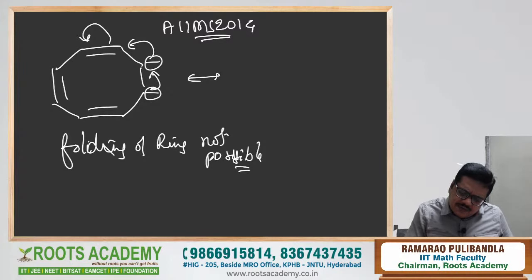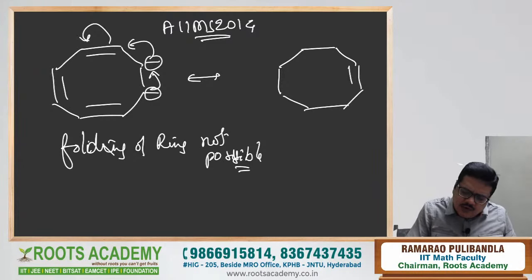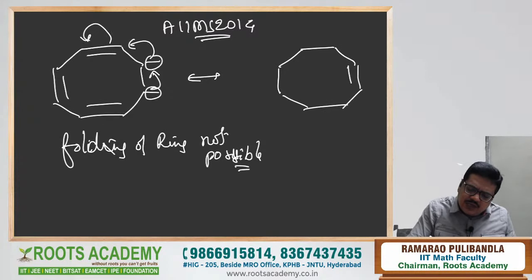Immediately they will come, immediately this will go. So this compound picture will become like this. A double bond will come, this pi bond will go here, this will come here.